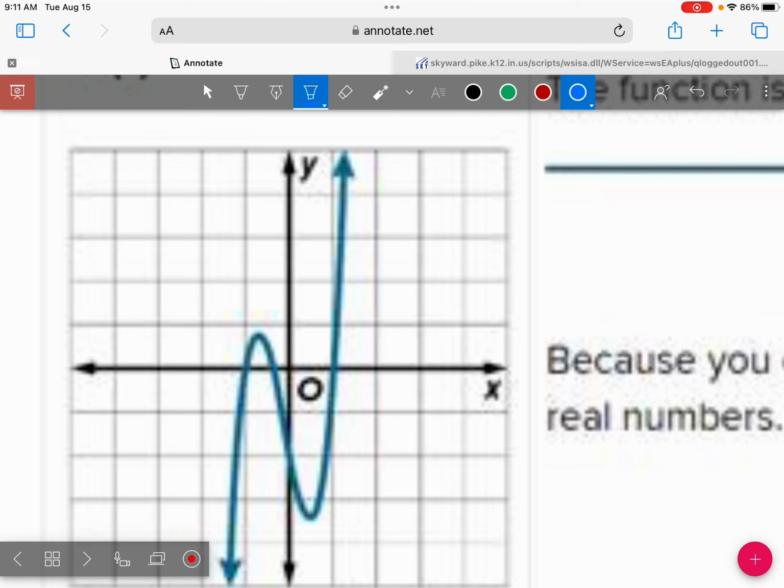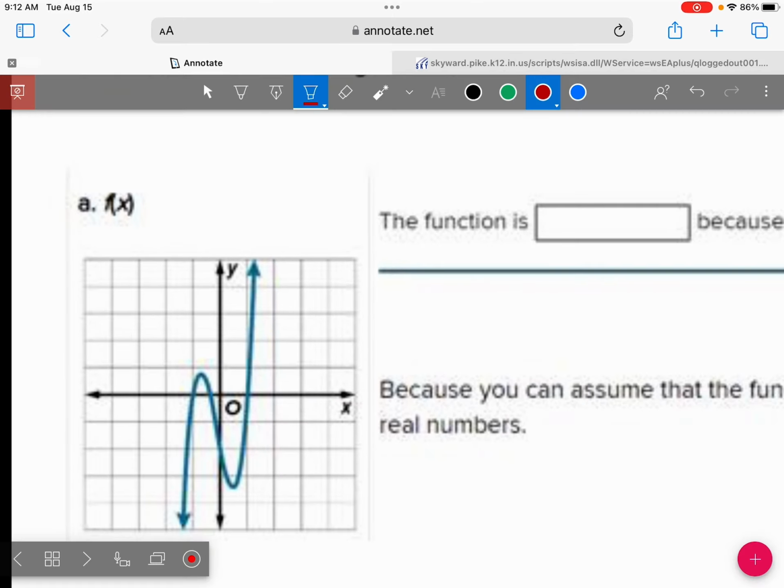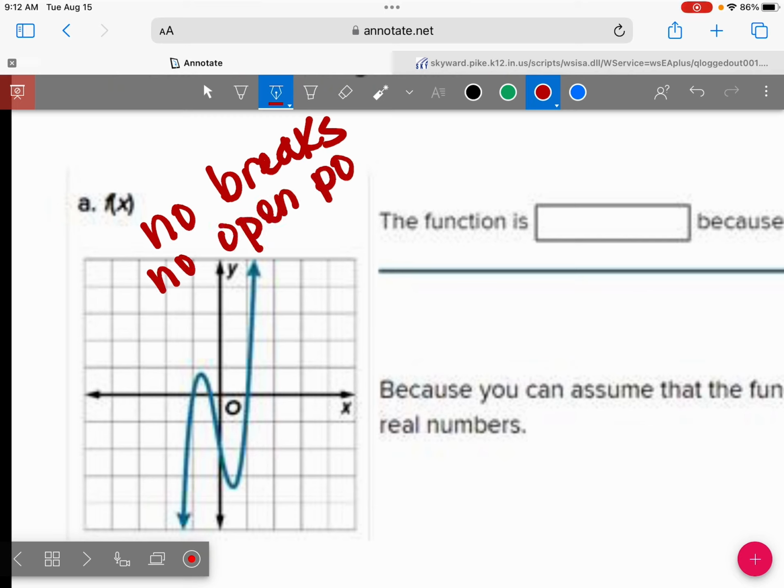So there are no breaks or open circles. Write that in your notes right next to it: there's no breaks and no open points. And we'll see on the next one what an open point looks like.